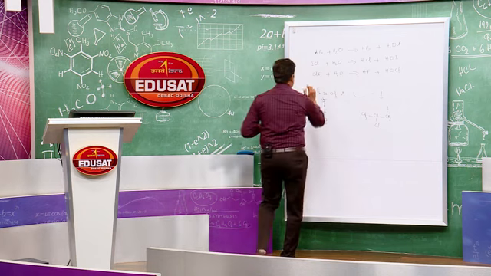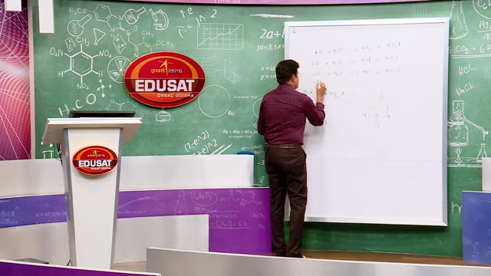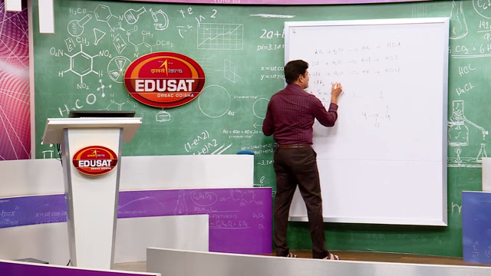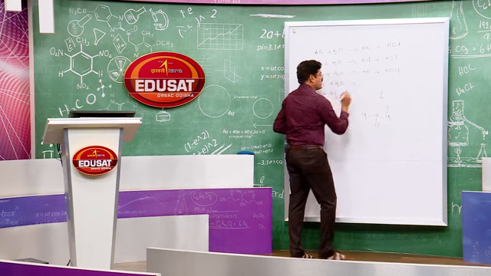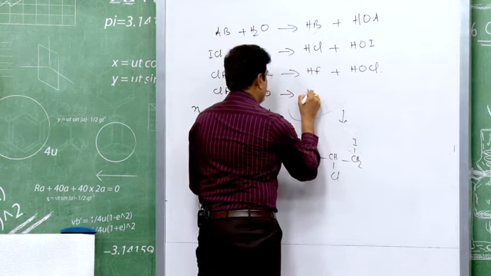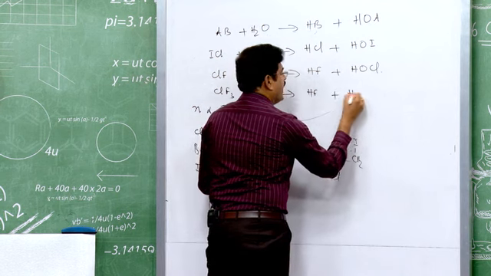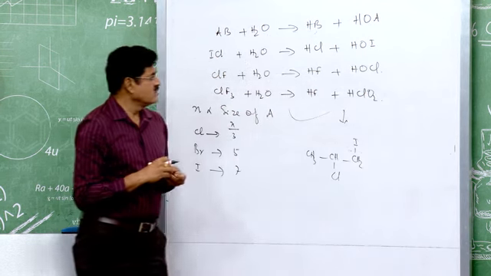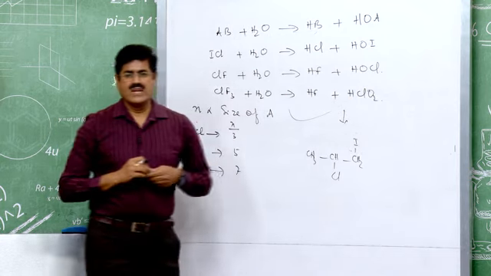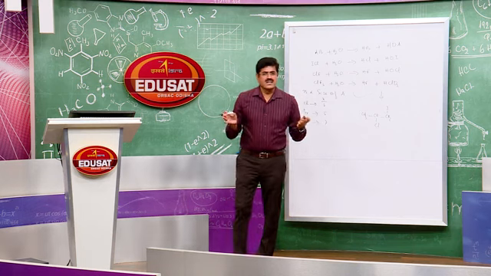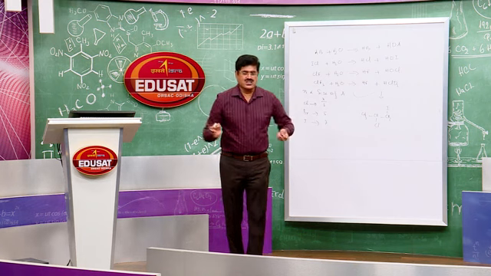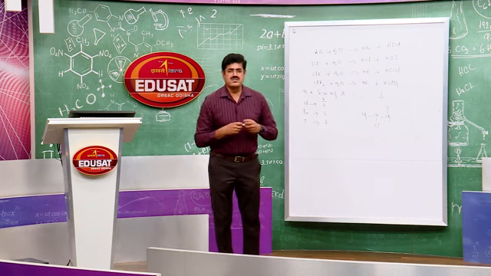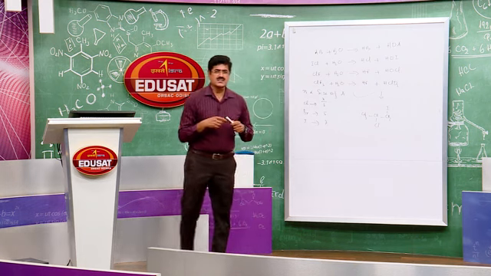For example, ClF3 plus water gives HF and HClO2, halite. AB5 gives halate, and AB7 gives perhalate upon hydrolysis.